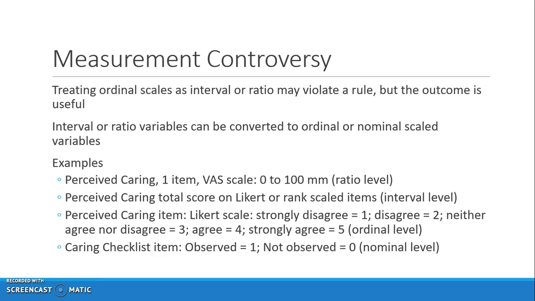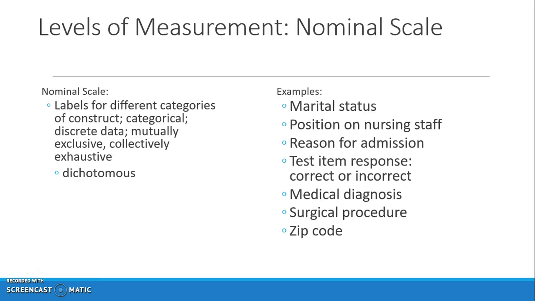That means you're tallying up the ordinal scale items to get a total score, and that's interval level. One item on a perceived caring instrument has a Likert scale, agree, disagree, that's ordinal level. And then the caring checklist item can be observed or non-observed, observed 1, non-observed 0, and that's nominal level.